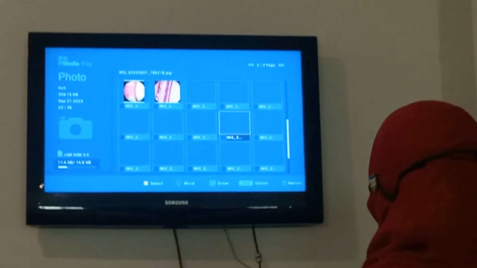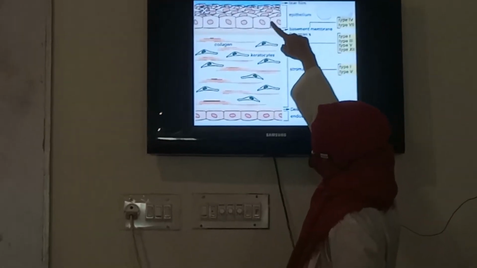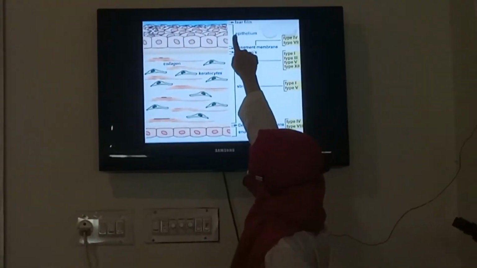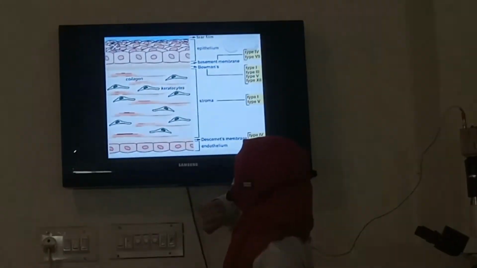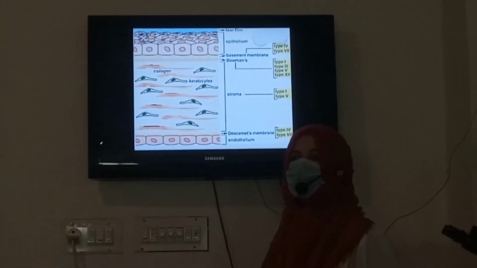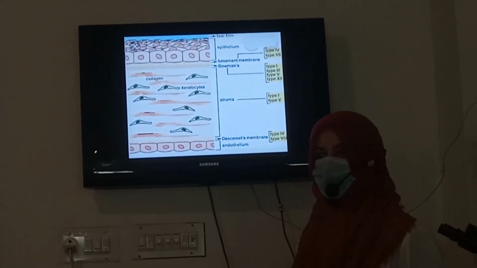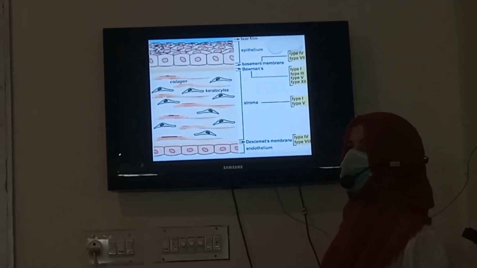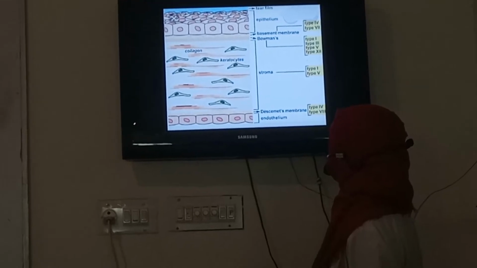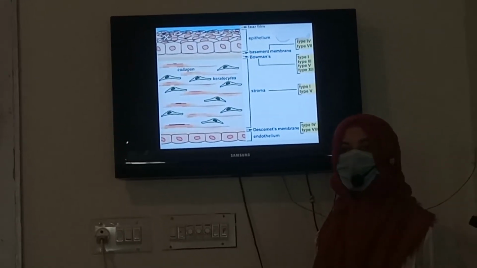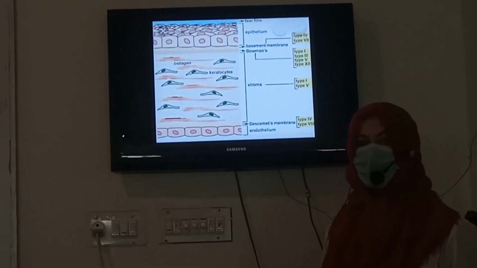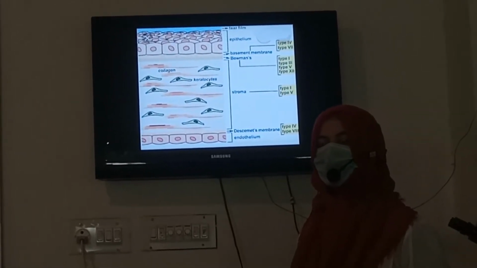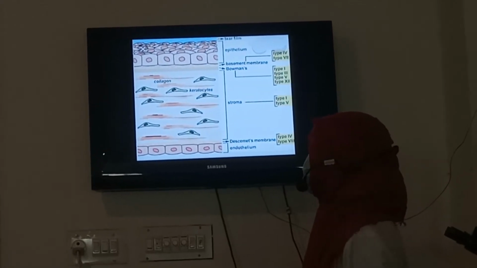Let's see, from outwards towards the inner side, the first layer of your cornea is the corneal epithelium. Can you guess what type of epithelium you have in your eye? Stratified squamous, but non-keratinized, very good. This non-keratinized epithelium shows the topmost layer with nuclei and microvilli over it, because we have tears.